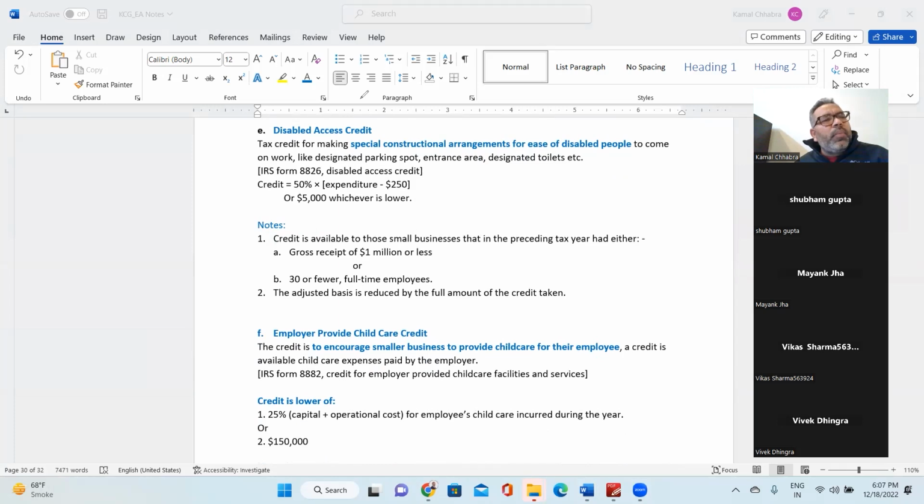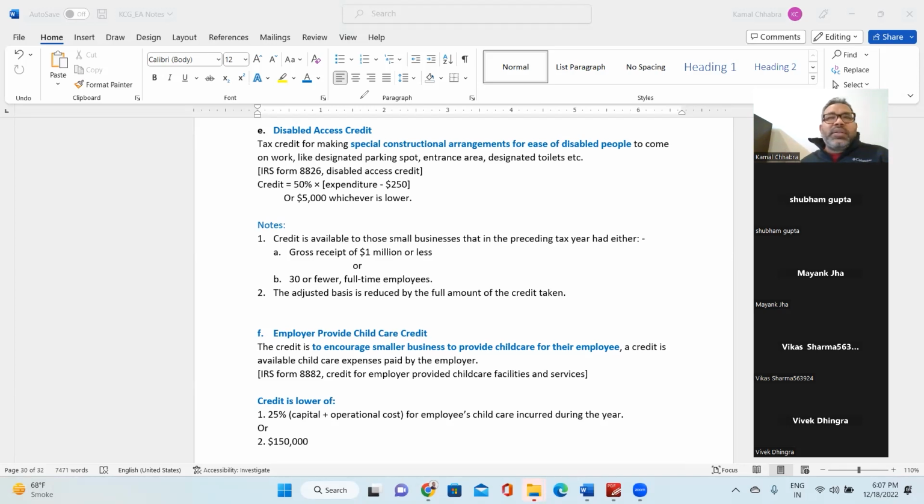If you go to Walmart, you will see separate parking space dedicated to disabled people, and a separate gate constructed for them specifically. Even within the washroom, they have a separate washroom for disabled people, for men as well as for women, right?